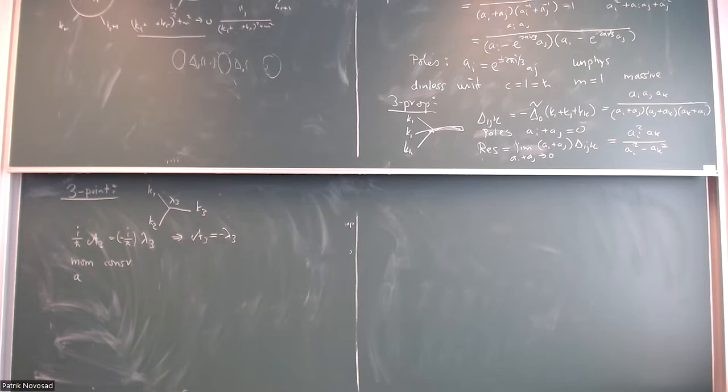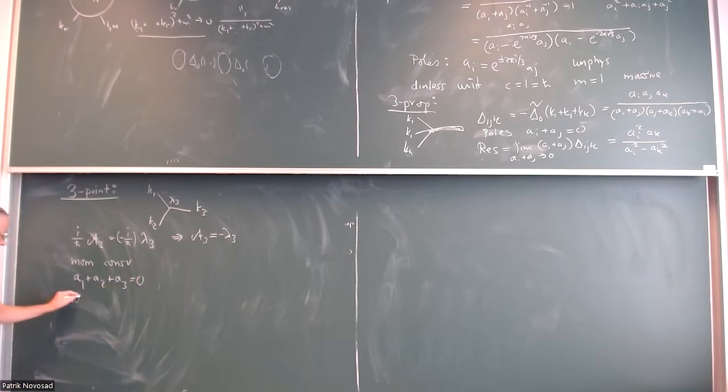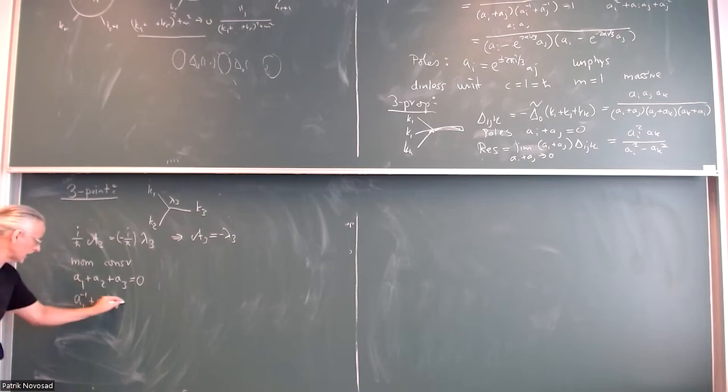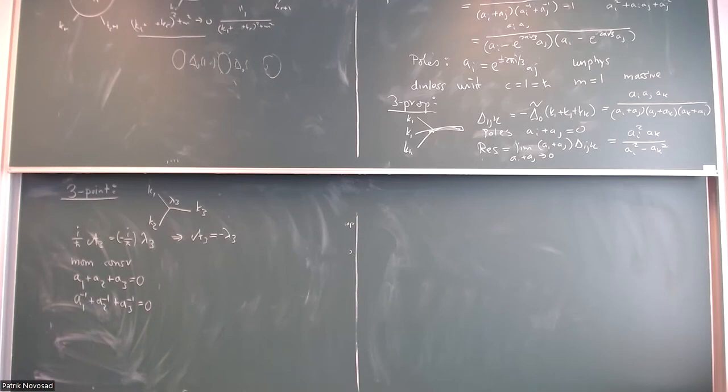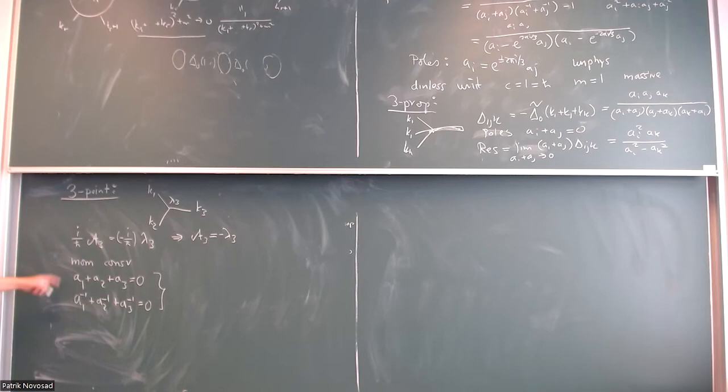So we get that a1 plus a2 plus a3 should be 0, and a1 minus first plus a2 minus first plus a3 minus first should be 0. Do we agree about this? This is momentum conservation in light-cone coordinates. And we have to make sure that this is satisfied.